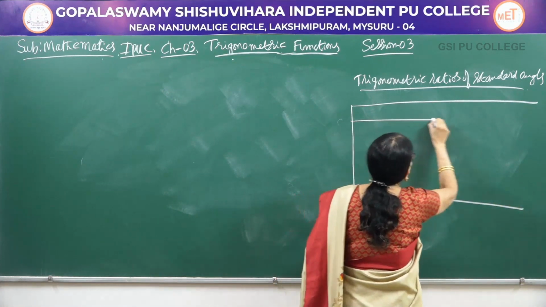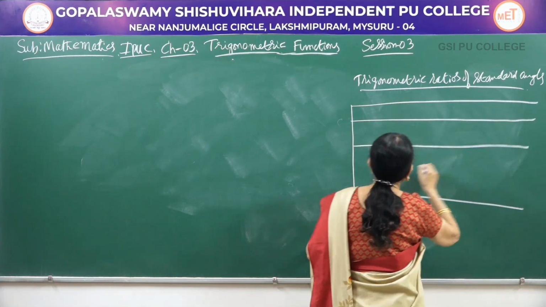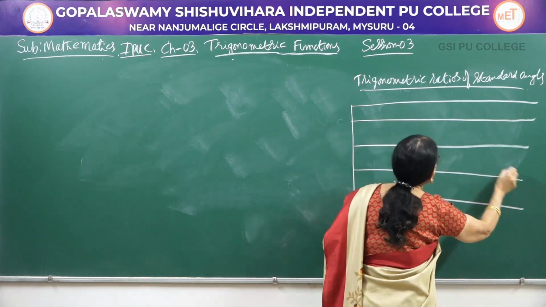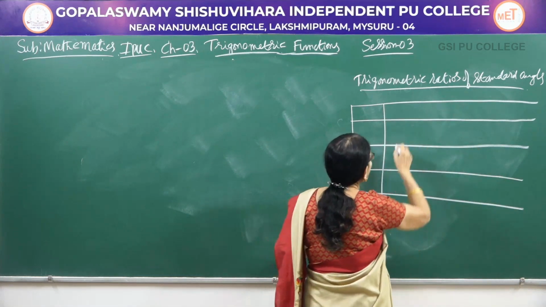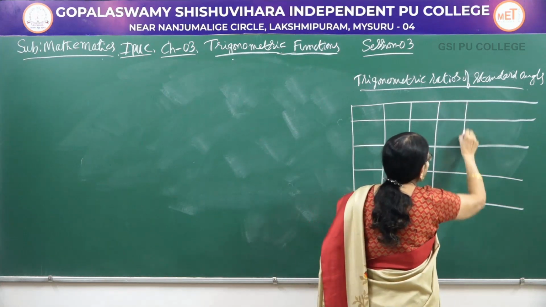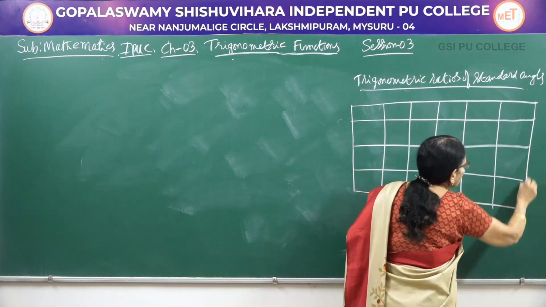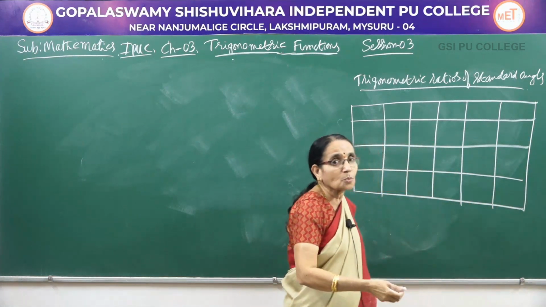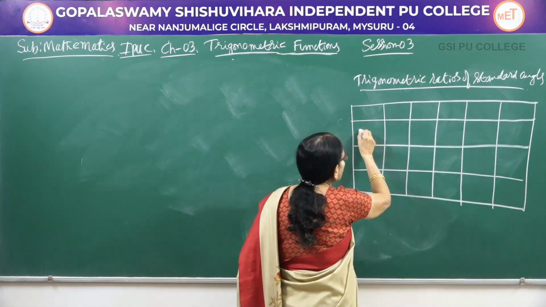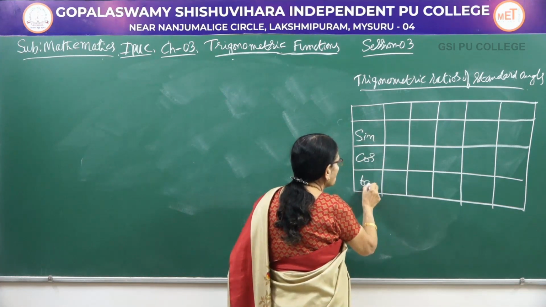I am not considering all the ratios here, only the first three, that is sin, cos and tan. Because the other three are the reciprocal ratios, you can take the reciprocal value of those. So, here it is sin, cos and tan.